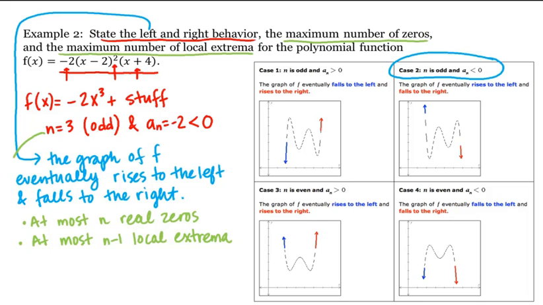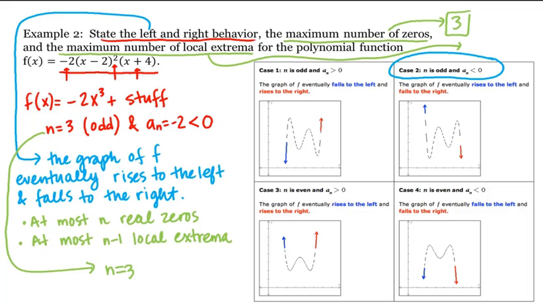So here n is 3, which means coming back up here, the maximum number of zeros then would be 3. And the maximum number of local extrema would be 3 minus 1 or 2.